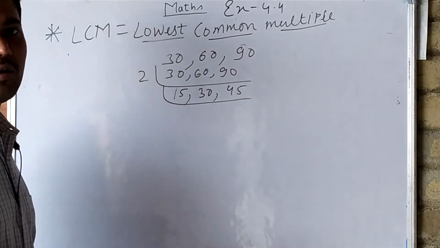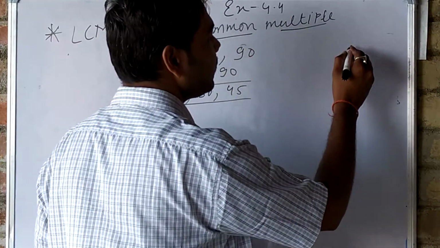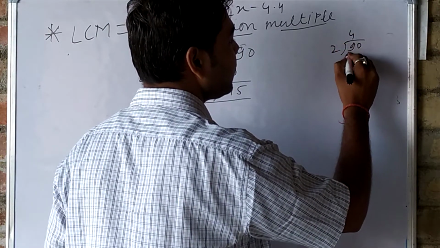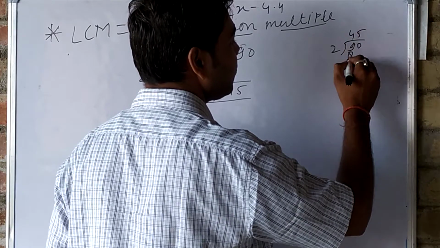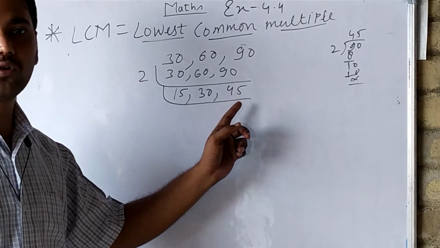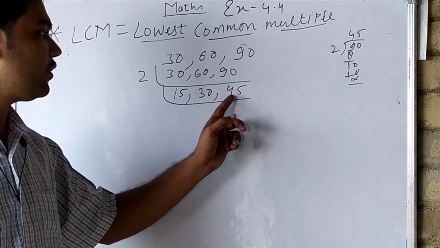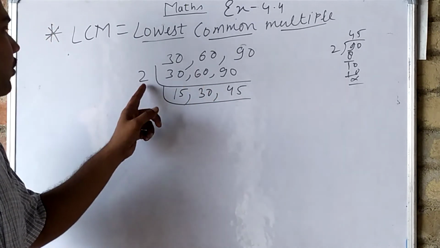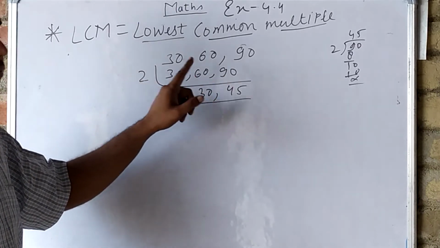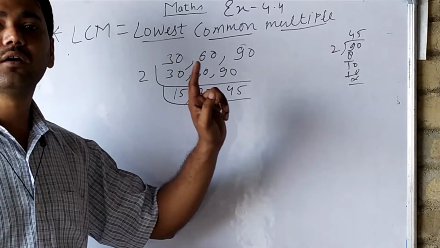If you don't know what to divide, you have to divide: 90 divided by 2, 2 4s are 8, 1 0, 2 5s are 10. This does not come automatically. How do we get the value here? By dividing. We have to divide the given value by that number, and we will have the result.